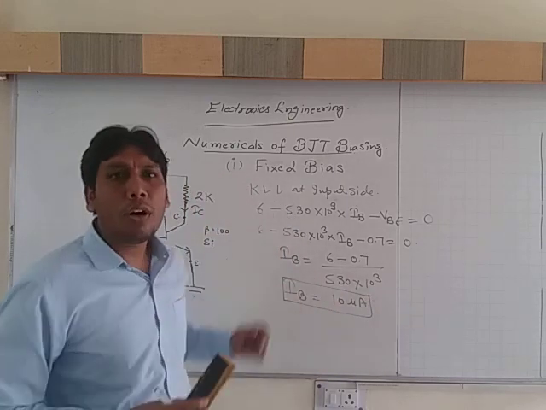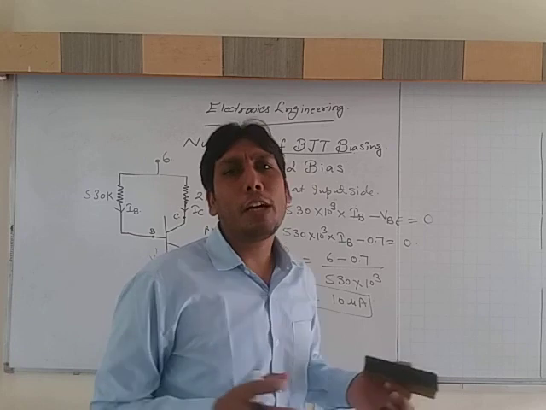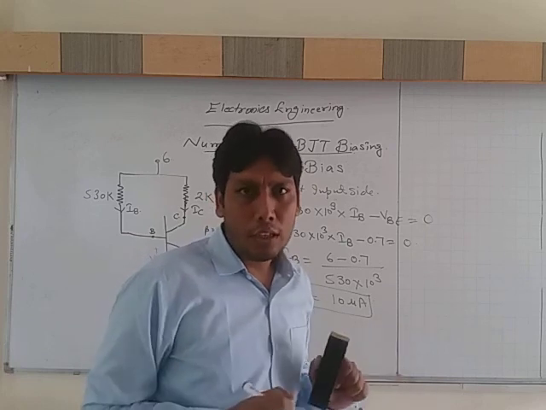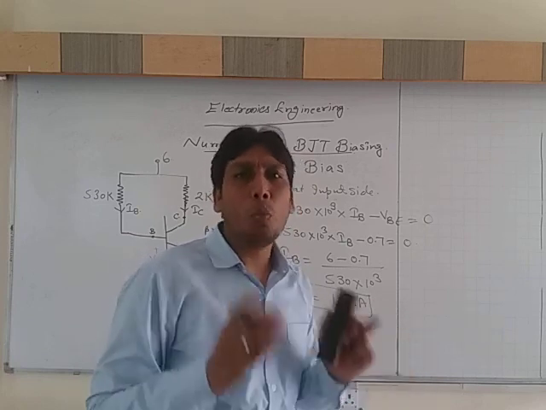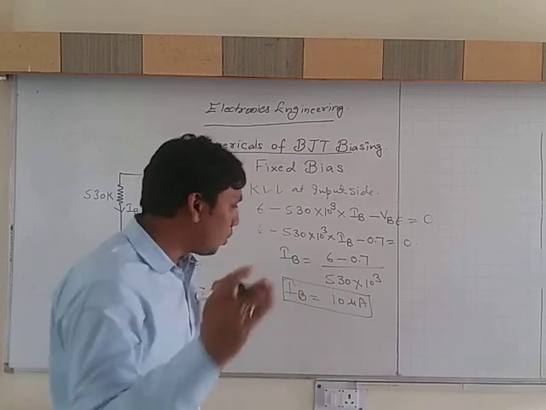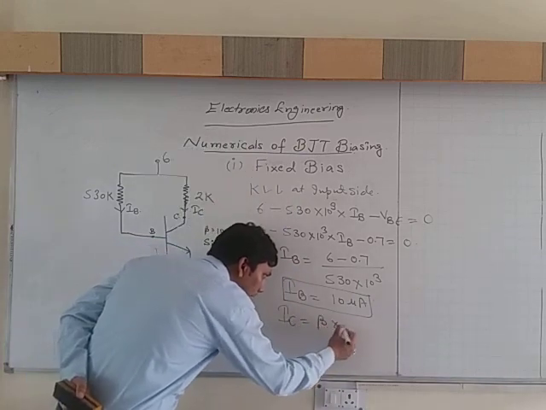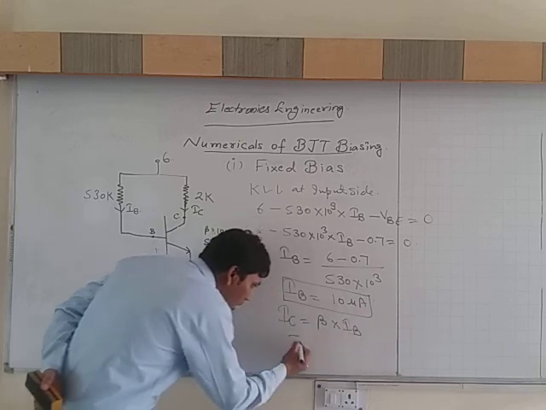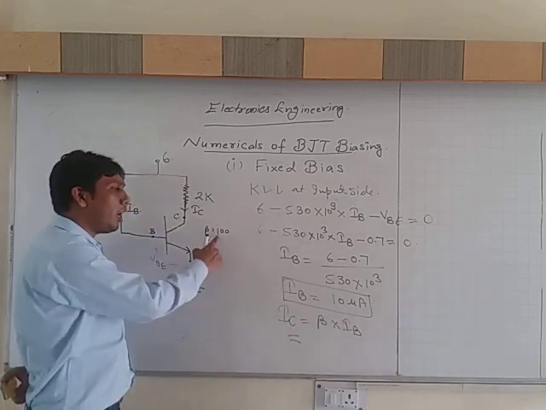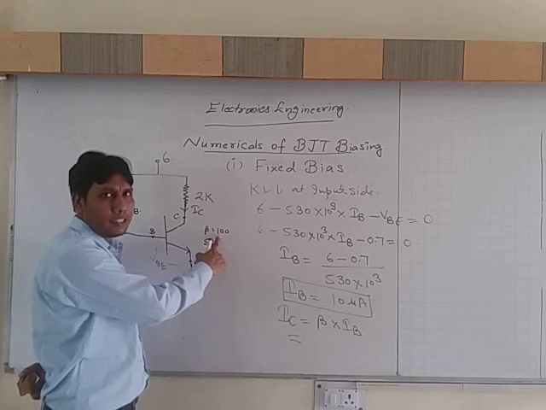With the help of this IB, we can determine the value of IC. As we know that IC is equal to beta into IB. We have the value of beta already given in this question, that is 100.